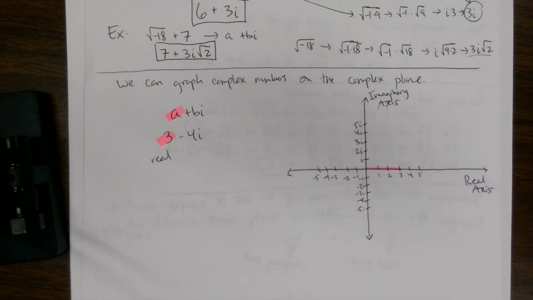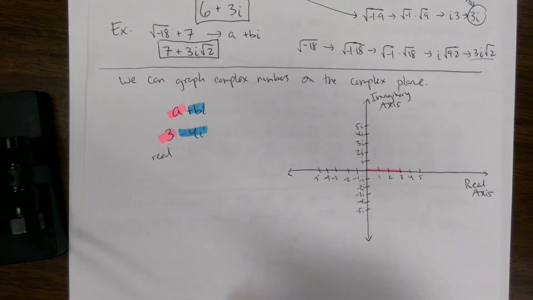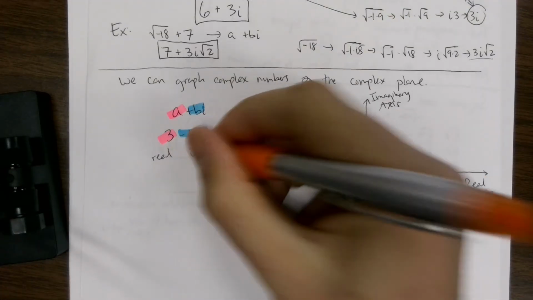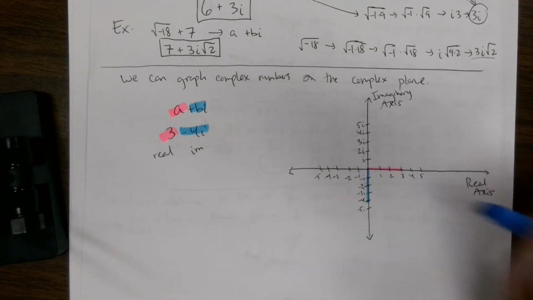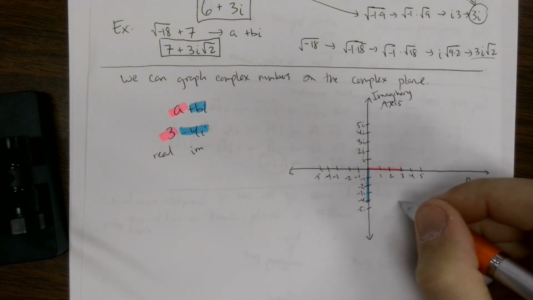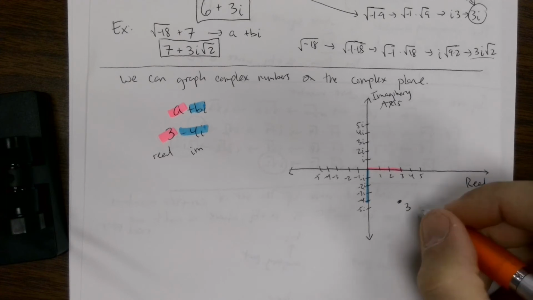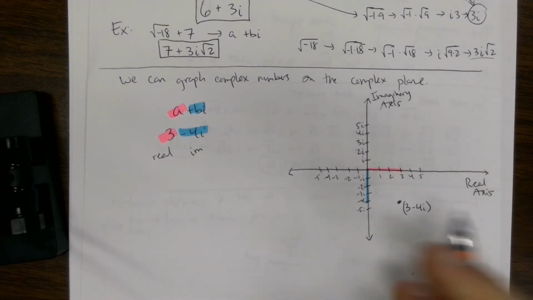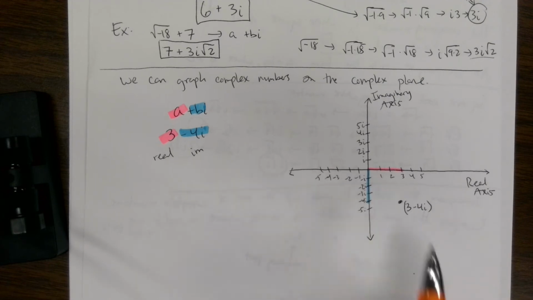And then I have my imaginary part, negative 4i, so this is going to go down 4 on the imaginary axis. Where these two meet will be my point. So my coordinate 3 minus 4i appears here on the complex plane. We've gone down 4 and to the right 3.